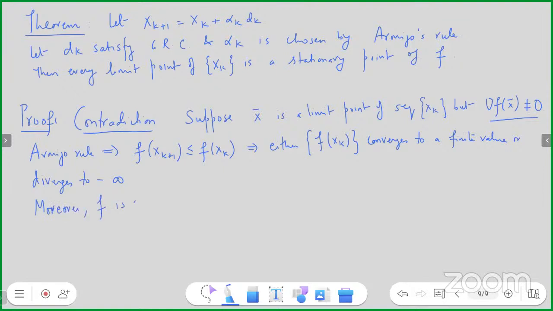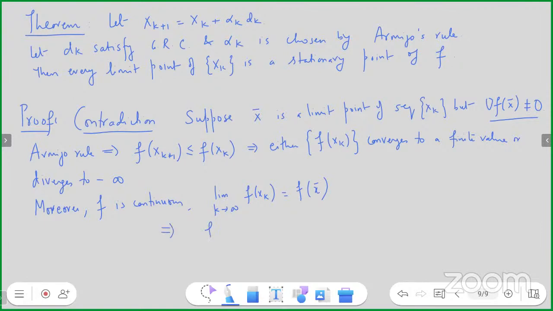f is continuous. So x bar is the limiting point of the sequence, and f is continuous. So just by continuity, this is also true. So what does this imply for us?